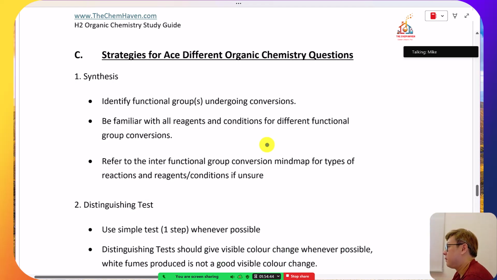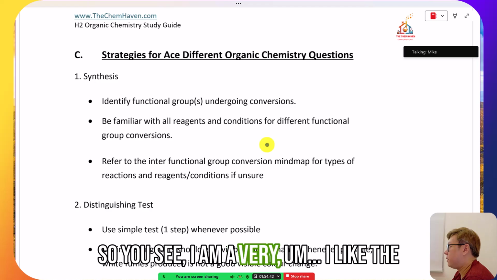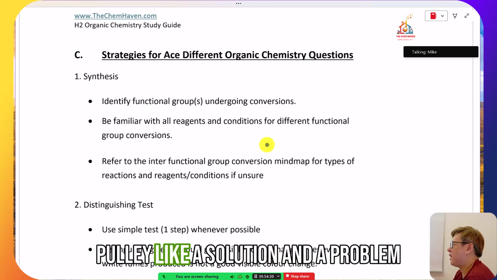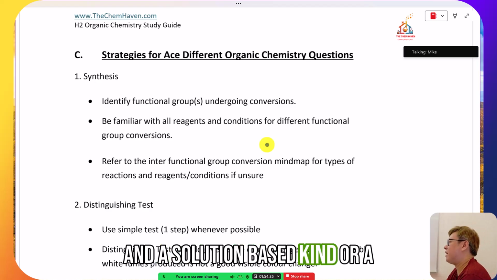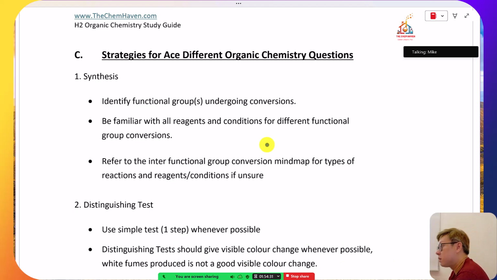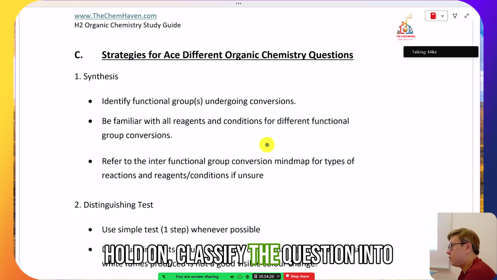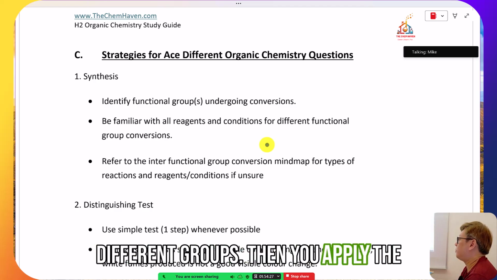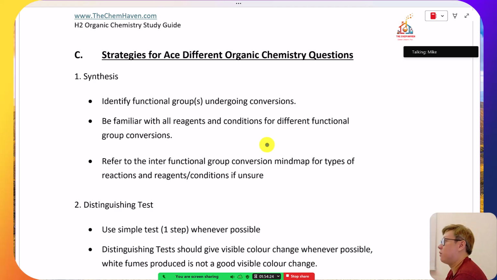You see, I am a very problem and solution based kind of approach. So first, you know how to classify the questions into different groups. Then you apply the relevant strategy to solve.